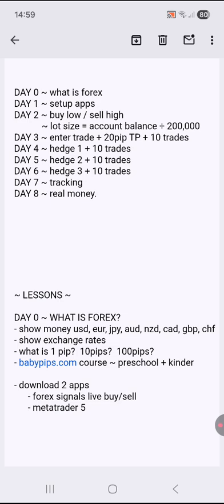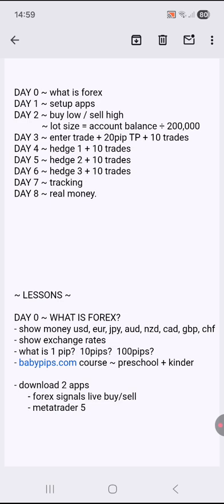I showed you the Baby Pips course that I highly recommend as a foundation or a prerequisite to this program. You really only have to go through preschool and kindergarten. Everything beyond that is too much information for what we need to do to execute these trades and to learn what I do. And I showed you the 2 apps to download on your phone. You can do this anywhere in the world from your phone.